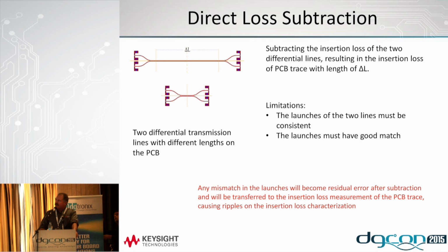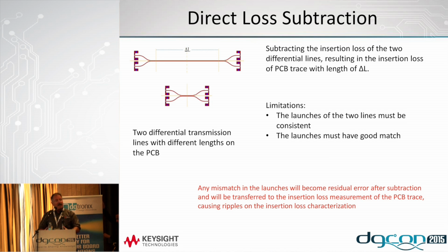Now, direct loss subtraction, you know, you can use this with measuring the full channel and the through fixture here, and when you subtract one from the other, you get a fairly reasonable result. But the point is that you're not exactly doing a de-embedding with S-parameters.